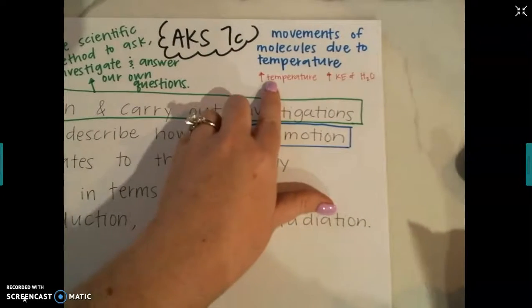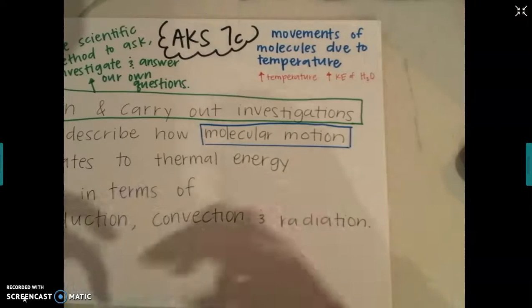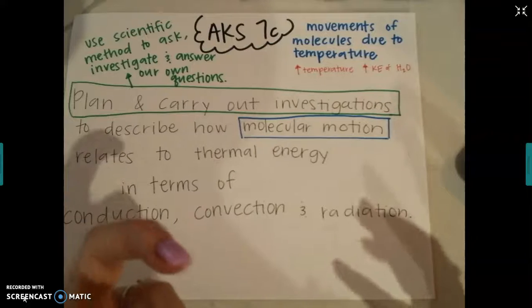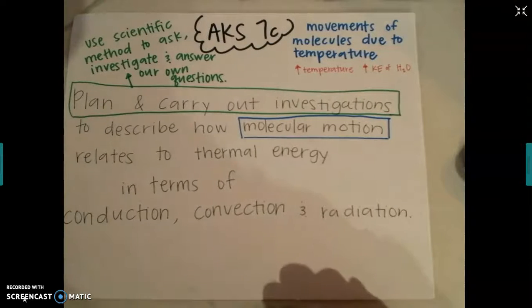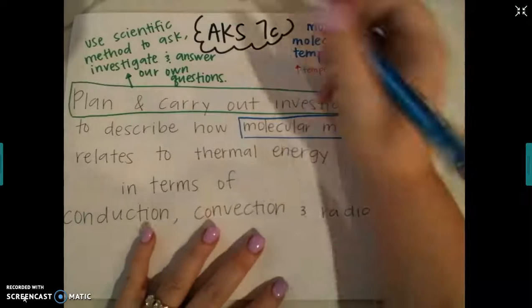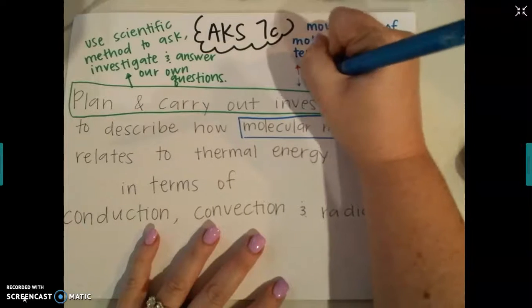As I increase the temperature, I turn up the heat, I should expect to see that those molecules are moving around faster, they're beginning to break bonds from one another as they move quickly to move apart from each other. If I decrease the temperature, I go the opposite direction.